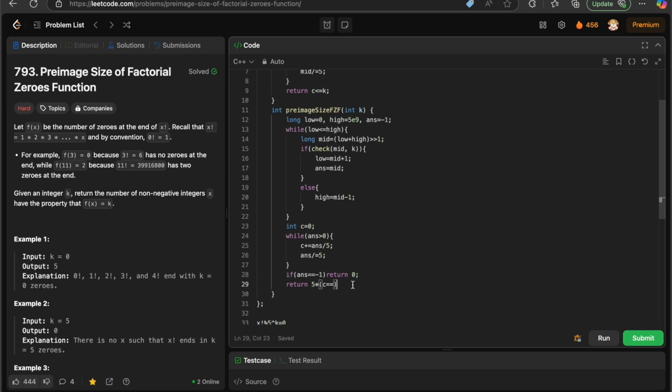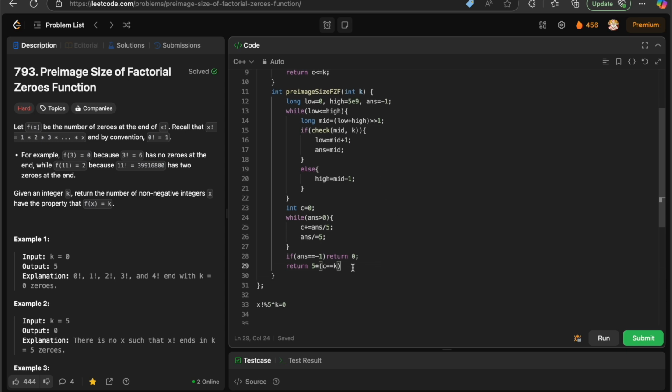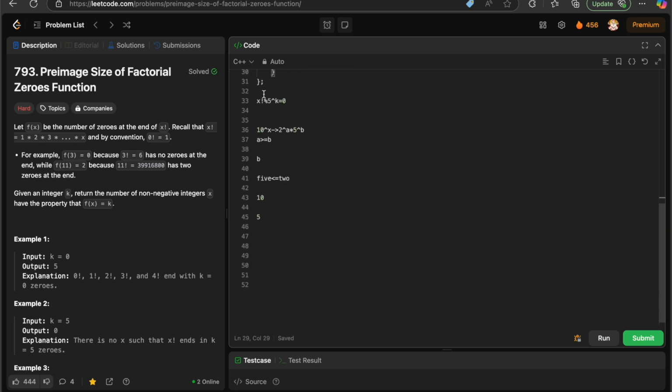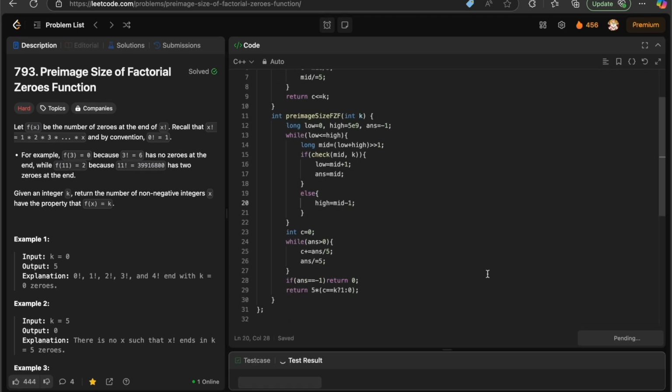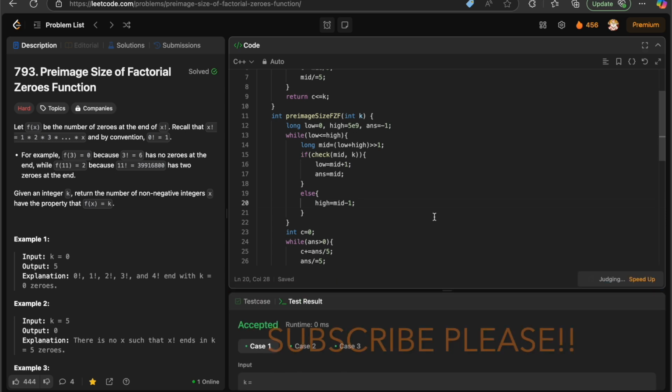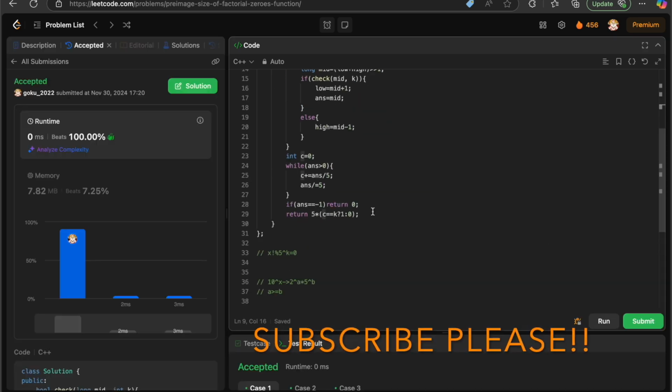So if our counter equals k, which means we found the numbers, we multiply it by 1, else we multiply it by 0. So we can submit it. Thank you.